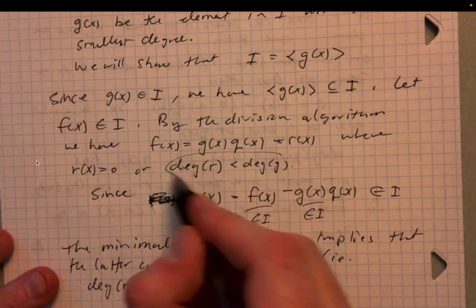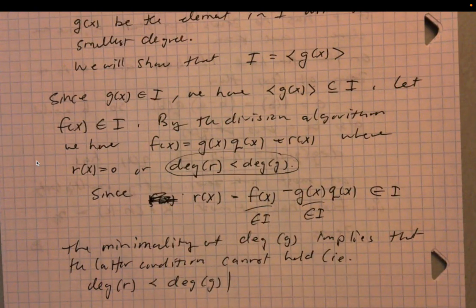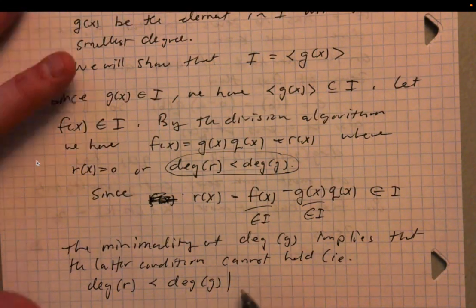Right, this piece here. And so if the degree of r can't be less than the degree of g, but we can still do the division algorithm, then the implication is that r(x) is equal to 0.